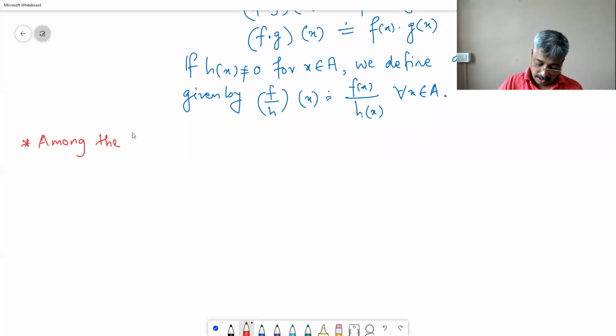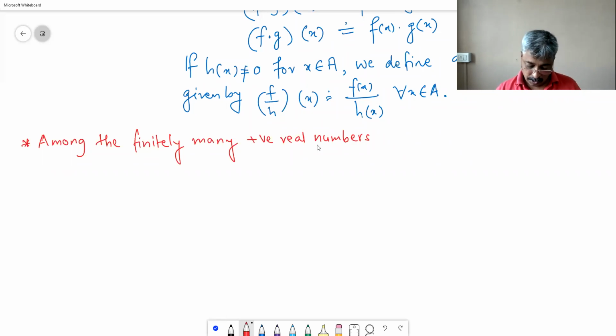Amongst finitely many positive real numbers, there exists a minimum, and it is unique and positive.